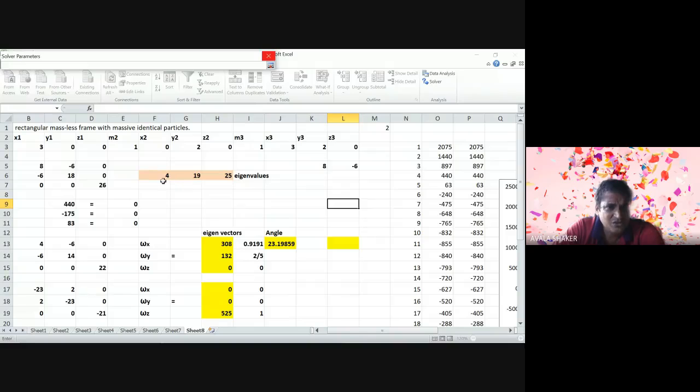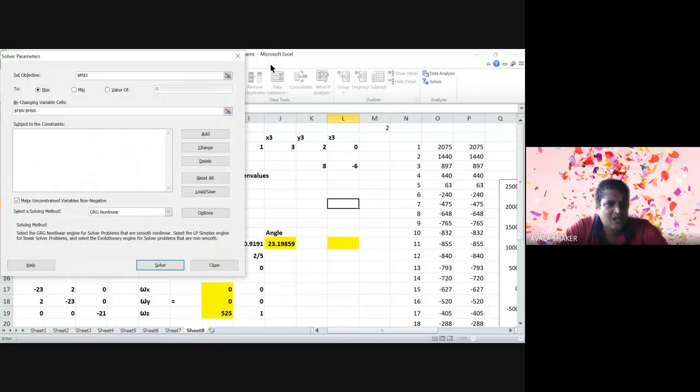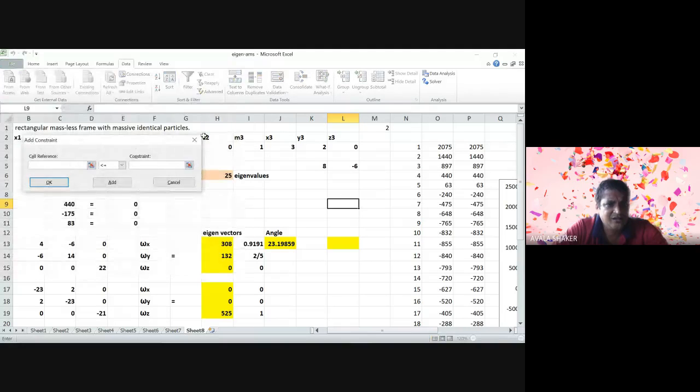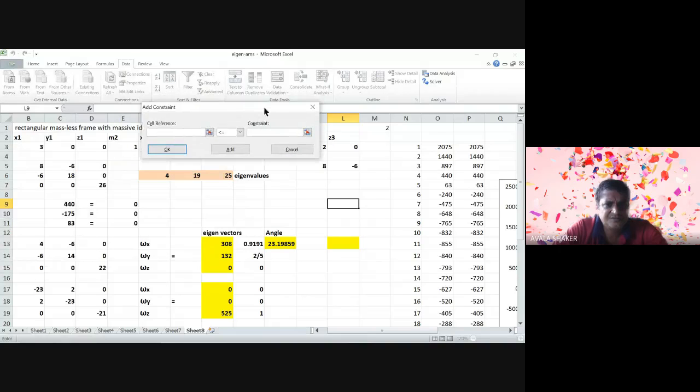What are the values you want to vary? You want to vary these values. Then you will add the constraints. What are the constraints? That this left hand side should be equal to the right hand side, right? These are the determinant values which I am getting here, which have to be set to 0.